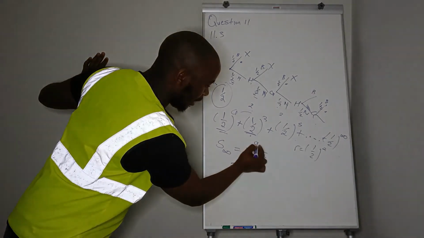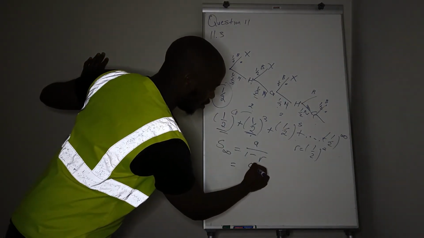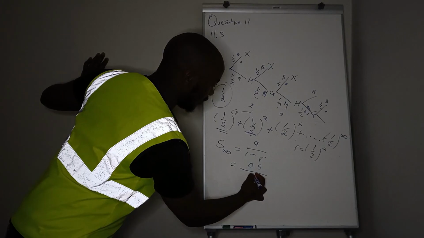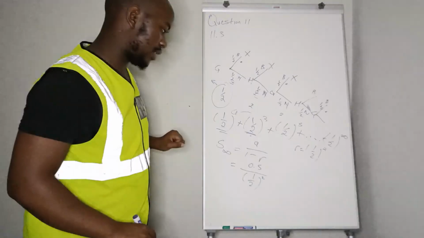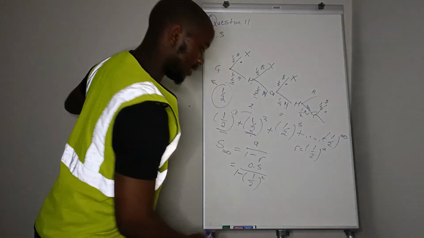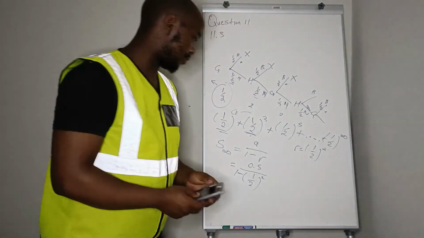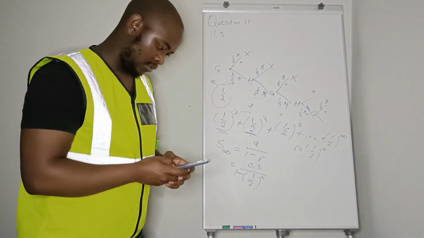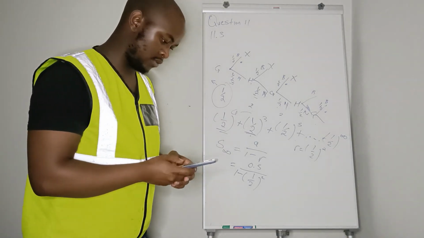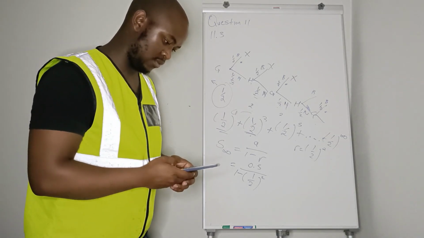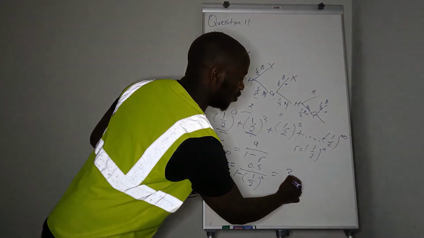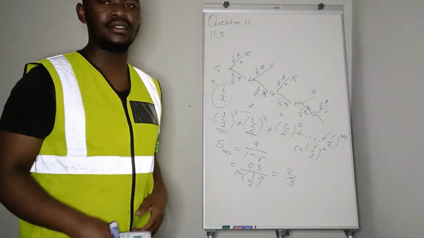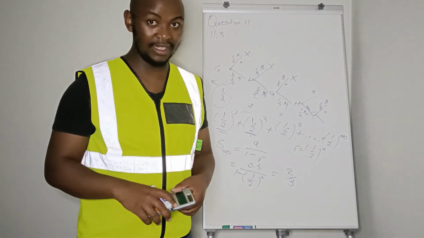So when you substitute a, which is the first term, 0.5, you divide it by 1 over 2 to the power of 2, and then say 1 minus that. What is the answer? The answer is going to be 2 over 3. And that is your probability.